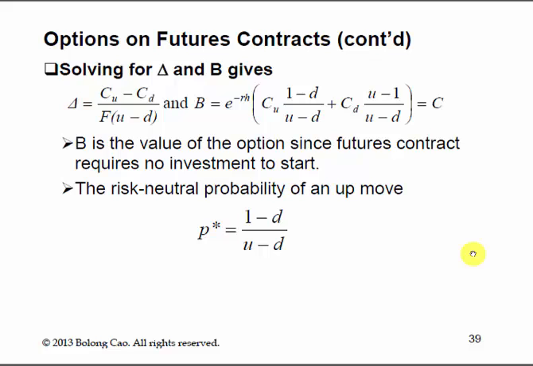That's because the cost of the replicating portfolio is the call premium, and now all the value in the replicating portfolio comes from the borrowed cash. So it is the call premium.